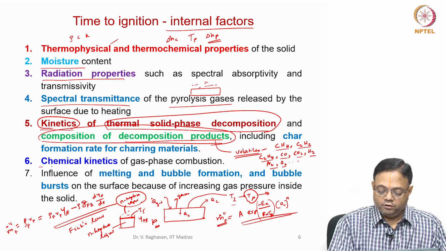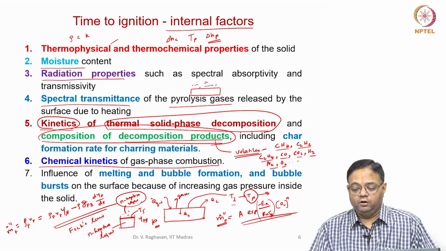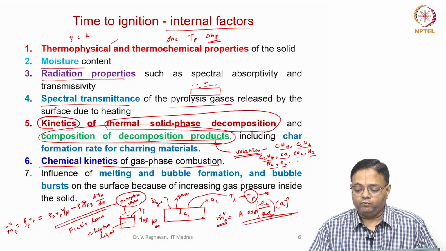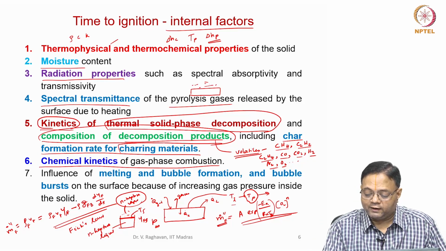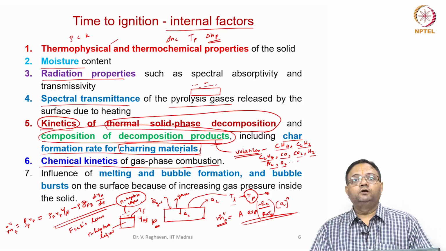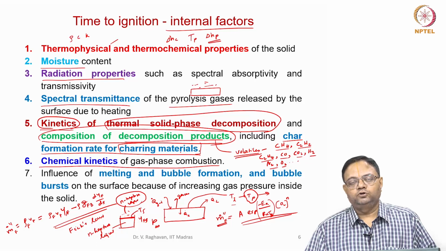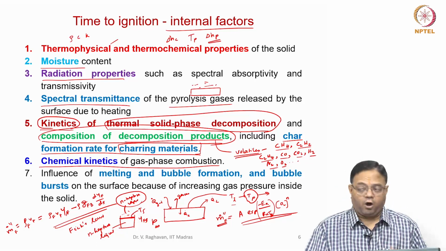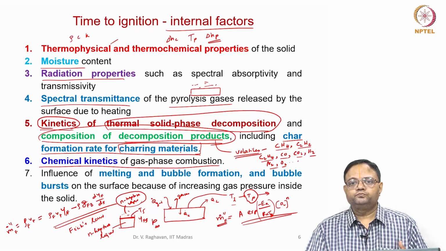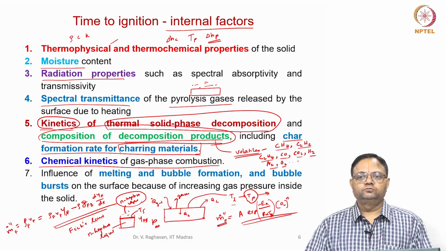Now, the sixth point is, okay, before going to the sixth point, one point I have to make: you can classify the solid as a charring solid or a non-charring solid. A charring solid is one which will leave carbonaceous material like fixed carbon and ash.